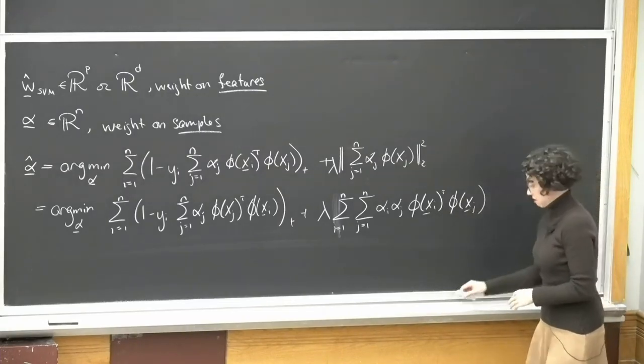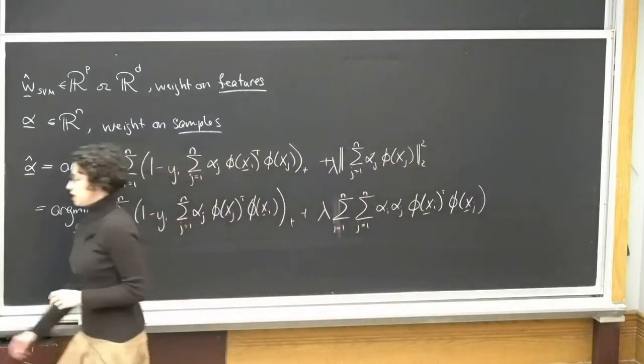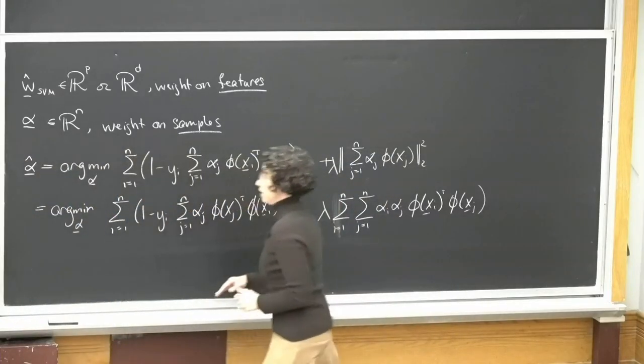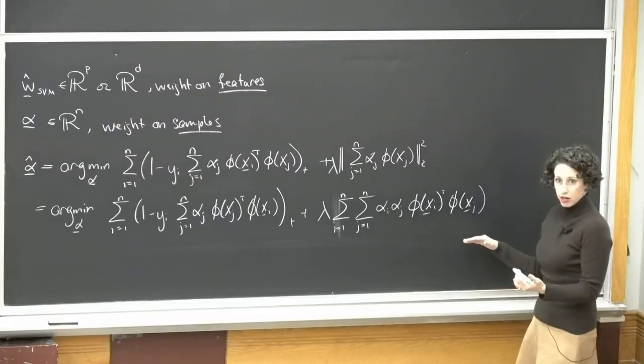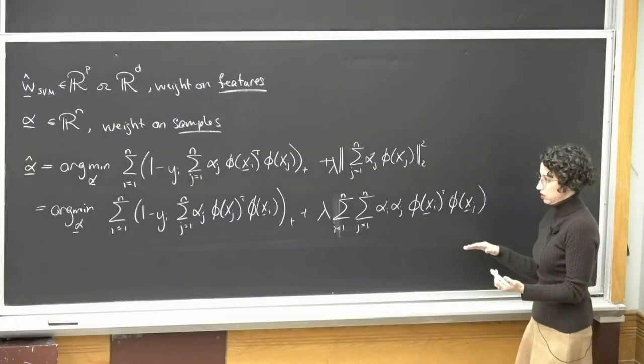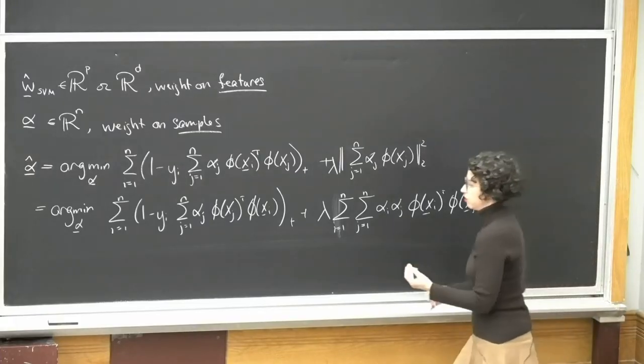The reason that I've written it out this way is because now we can see that this objective function only really depends on inner products of phis of x's and never explicitly just the phis.